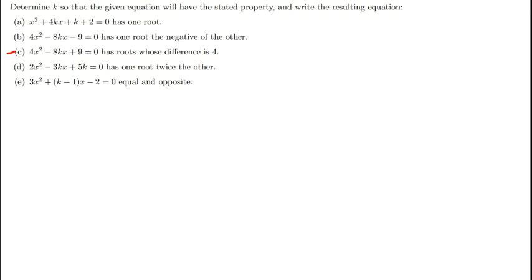When we're talking about one root, they're talking about the discriminant. So here you are going to use the discriminant, b squared minus 4ac. When you find the answer, you are going to find the value of k.